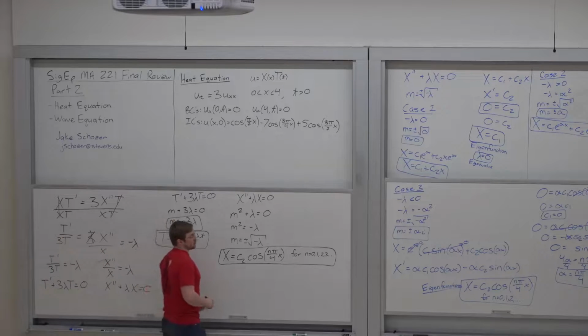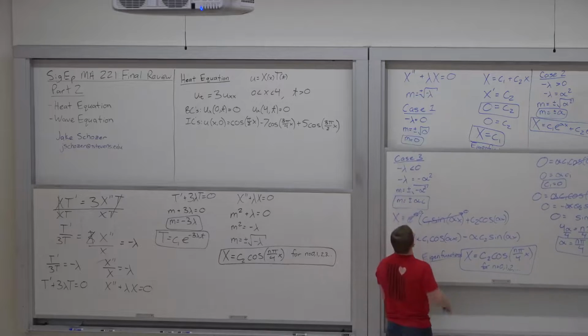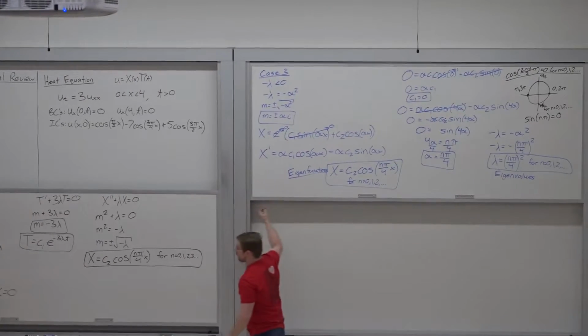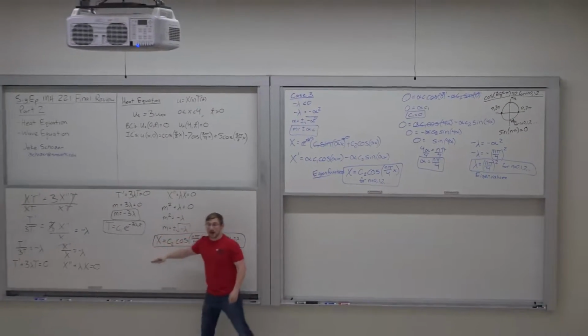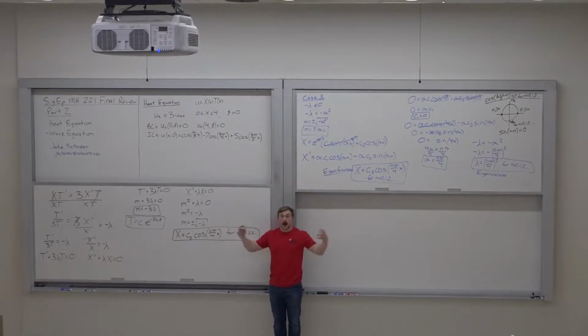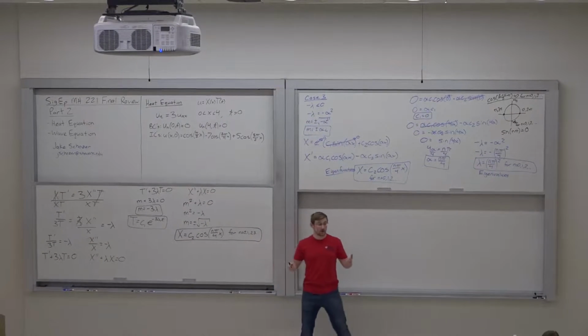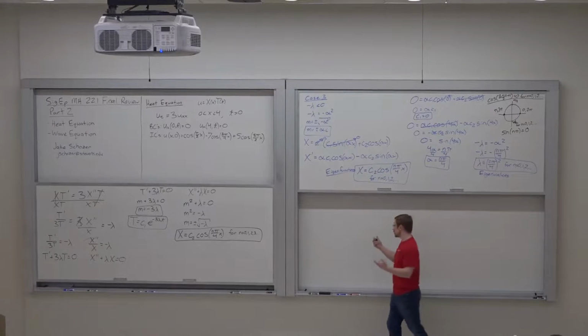Since I now have a solution for t, and I have a solution for x, I can put those together to, for the first time, find out what my function u is.